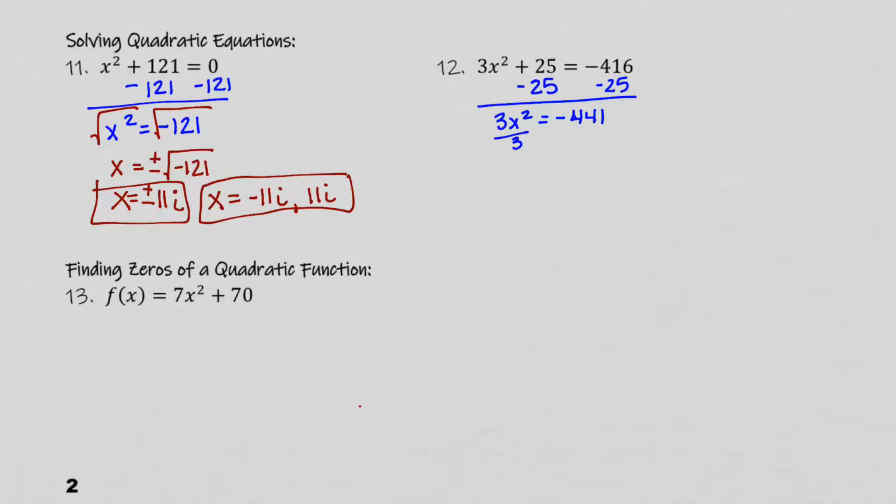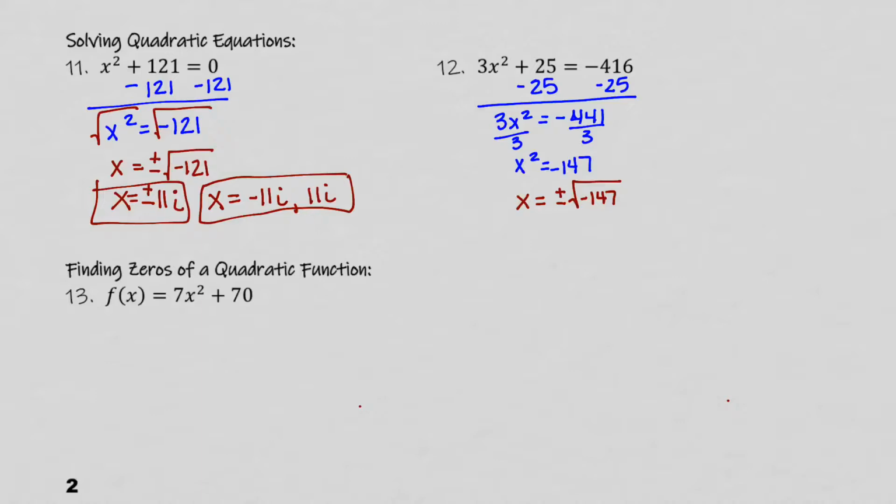Now we have to get x squared by itself by dividing by 3. So I get x squared equals negative 147. When we square root both sides, the square goes away, and I get plus or minus the square root of negative 147.